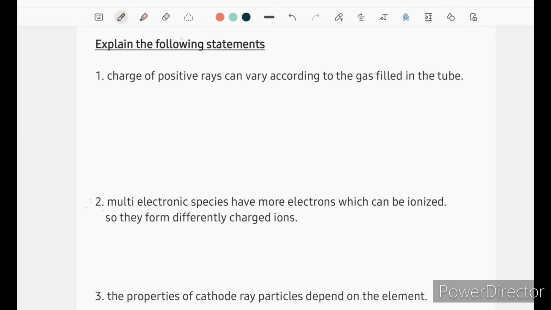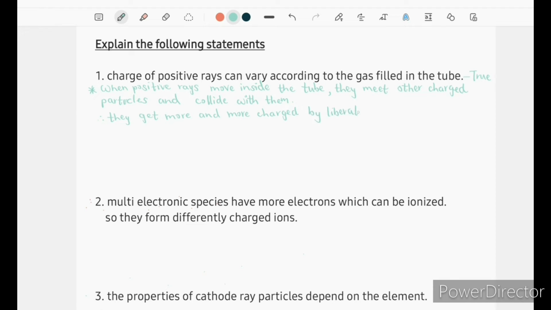Explain the following statements. First statement, charge of positive rays can vary according to the gas filled in the tube. This statement is correct. When positive rays move inside the tube, they meet other particles and collide with them. Therefore, they get more and more charged by liberating electrons.